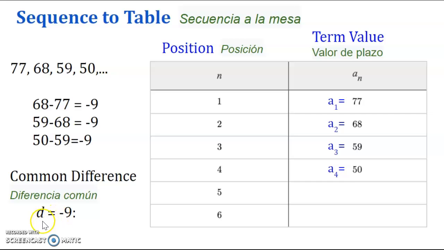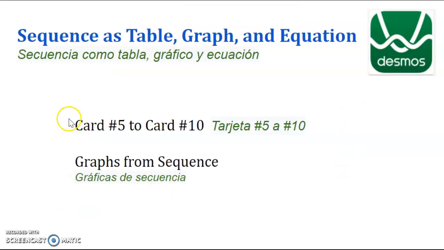So common difference d is equal to negative 9. So we can figure out the rest, 41 and 32. And that's a sub 5 and a sub 6. So with that, I'm going to ask you to go on to card number 5 to 10. So please pause the video and work on those yourself.